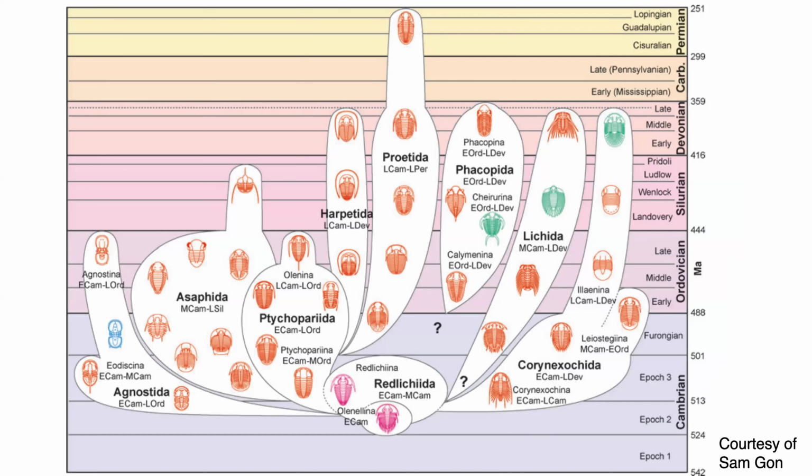So here is a nice chart done by Sam Gong that summarizes the evolutionary history of the trilobites as a whole. So as I said, there are 22,000 species that are known. This time chart here exaggerates the length of the Cambrian because in the Cambrian, and even in the early part of the Cambrian, not the very base of the Cambrian, but shortly thereafter, the trilobites appear, and they are already quite diverse in form.